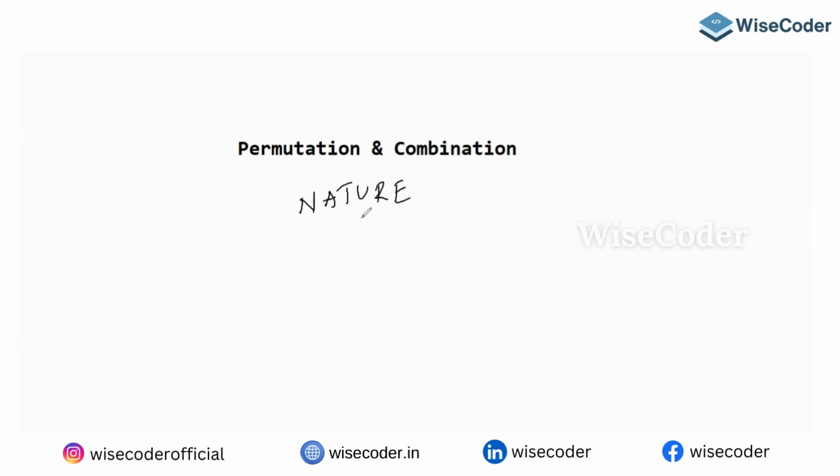Whenever you come across this type of situation, first count how many letters there are: 1, 2, 3, 4, 5, 6. So directly, the answer is 6 factorial. In nature, there are 6 different alphabets.